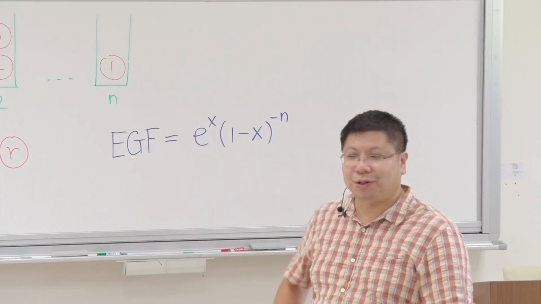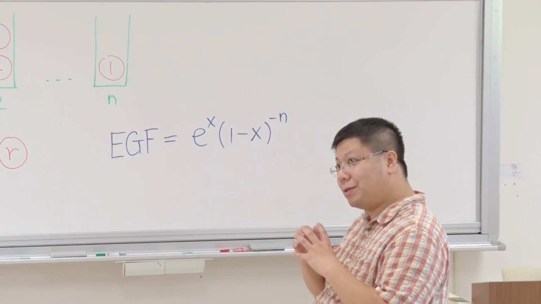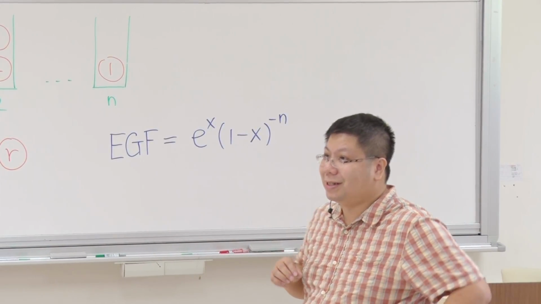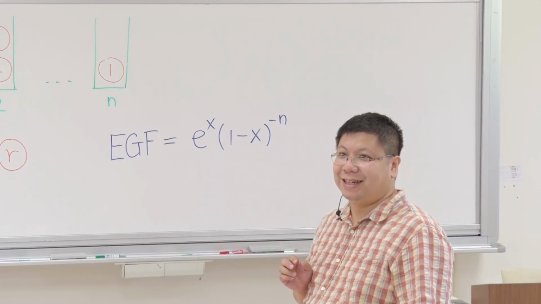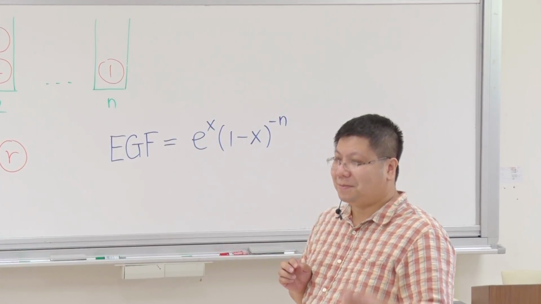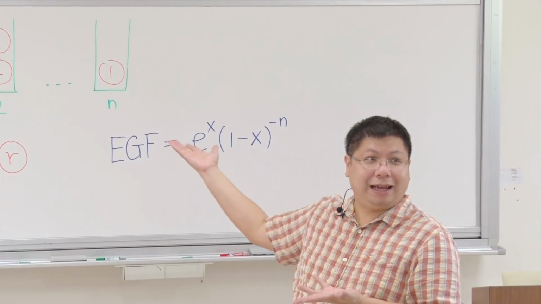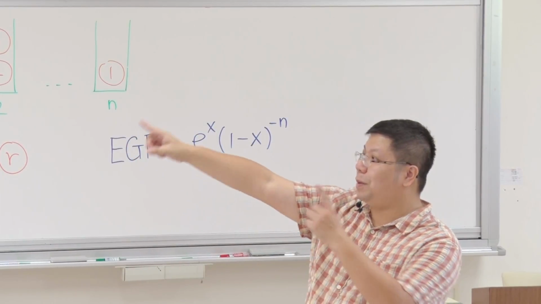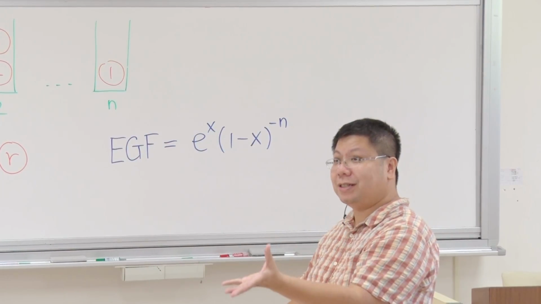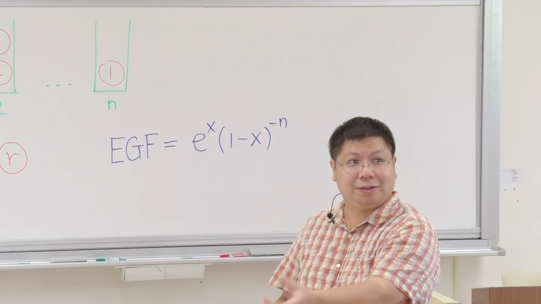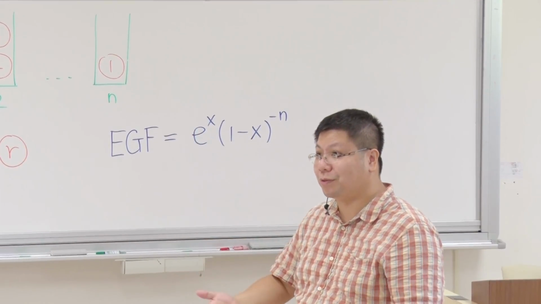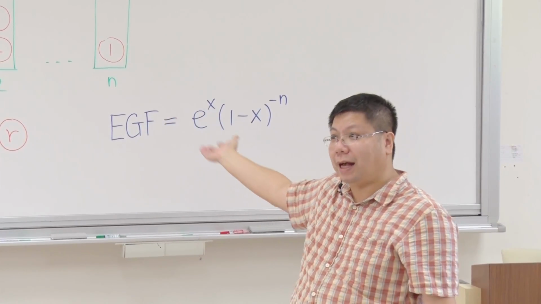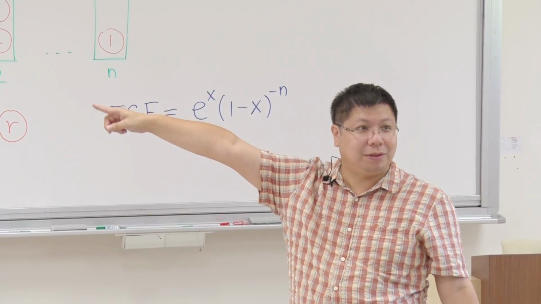Which is more suitable? Yeah, we can have R and N, right? We have 2 parameters there. One is the number of digits that we are interested in, so this is the x to the power R term that we want to find. And the other is the alphabet size. So 0, 1, 2, 3, so 4 there.